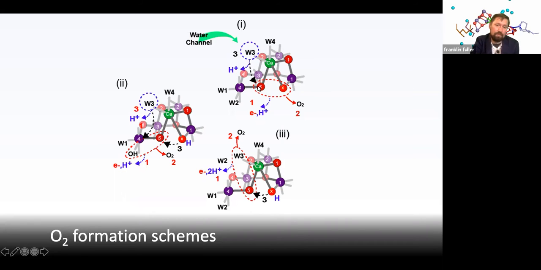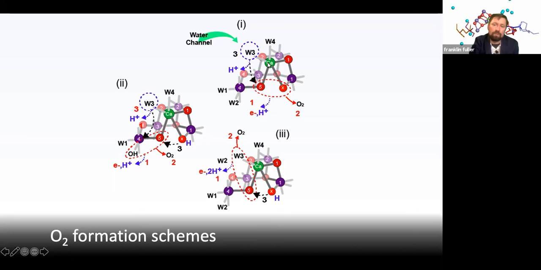And then the last suggestion is that O5 and the one that just bound, this OX, are what form the O2 in the next step. And the role of the waters that are adjacent to it then is to replace this O5 to keep the cluster intact.